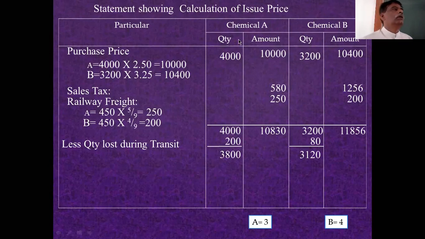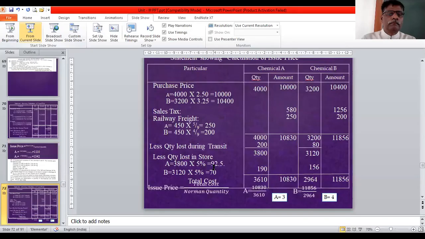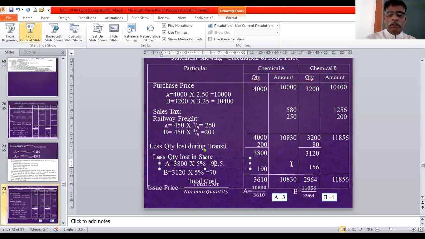Okay. Then next is less quantity lost in storage. Provision for loss is 5%. You make 5% of 3,800. Answer is 92.5, is it not? 5% of 3,800, I think it is 190.